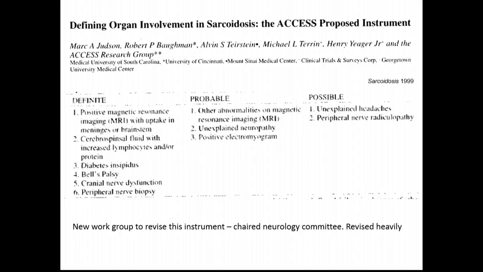I mean, Bell's palsies can happen too. Other unexplained neuropathies. I think the challenge here is that this is not specific enough from a neurology standpoint. And a lot of the epidemiology about frequency of neurological organ system involvement, the usual claim is that 5 to 15% of people with sarcoidosis will have neurologic involvement, comes from a lot of these definitions.